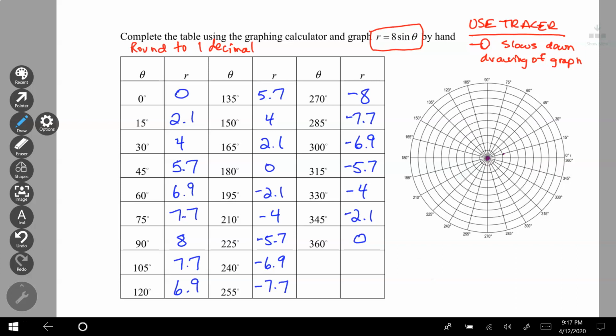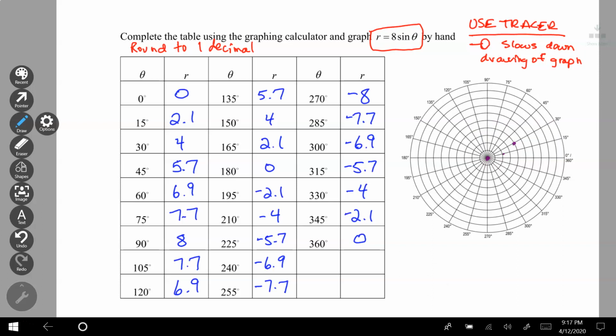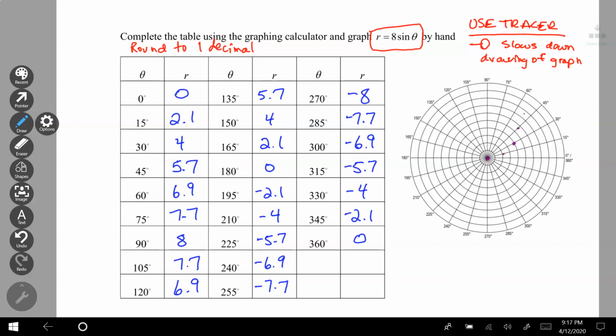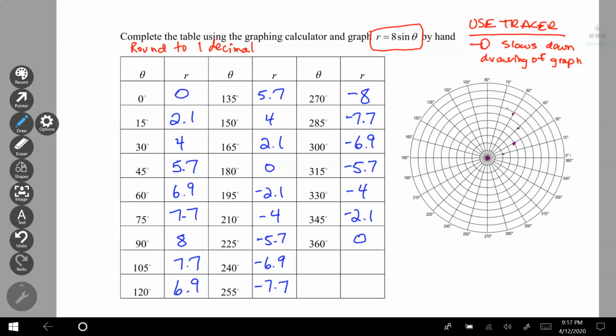At 30 degrees, I'm going to go out 4. At 45 degrees, I'm going to go out 5.7. At 60 degrees, I'm going to go out 6.9. At 75 degrees, I'm going to go 7.7. And at 90 degrees, I'm going to go out 8.